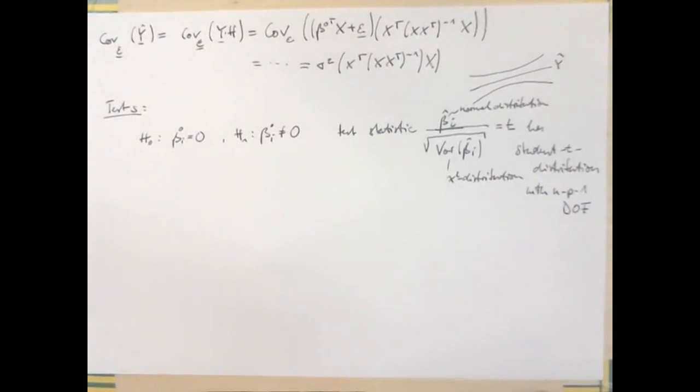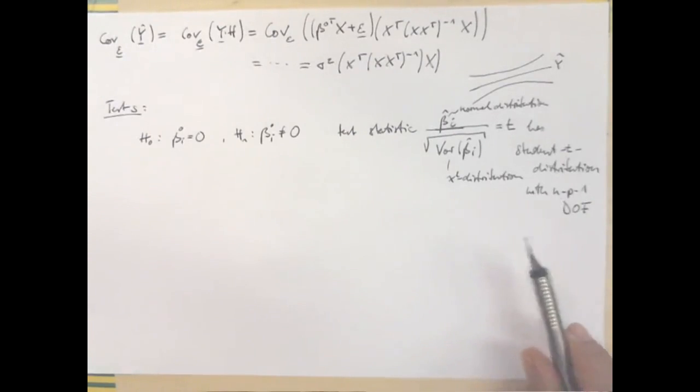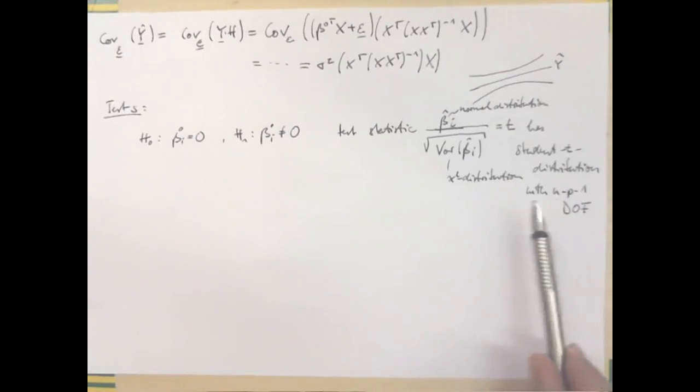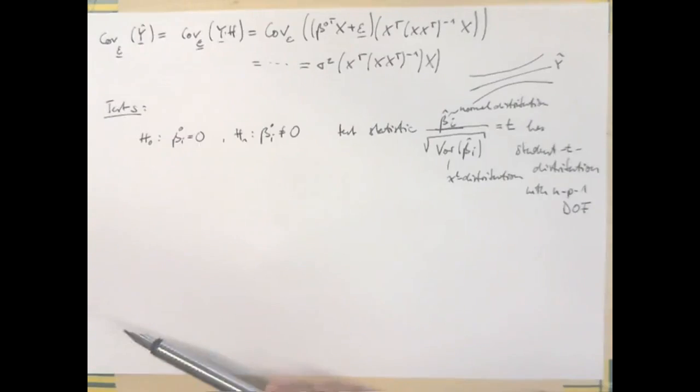So as a reminder, student T distribution, if you let the degrees of freedom go to infinity, it becomes more and more like a Gaussian. But if you have small degrees of freedom, so in our case here, if you have, for example, few points in high dimensional space, then you get a very heavy tail distribution.